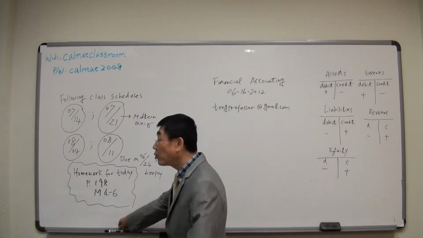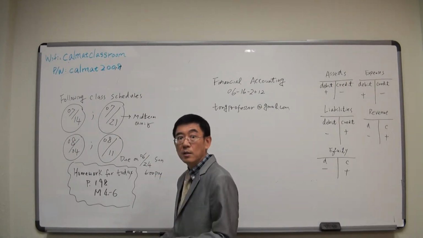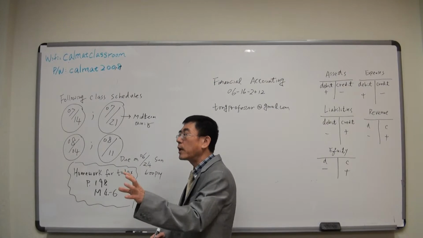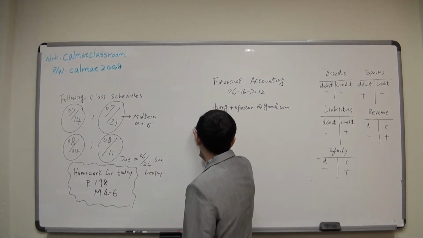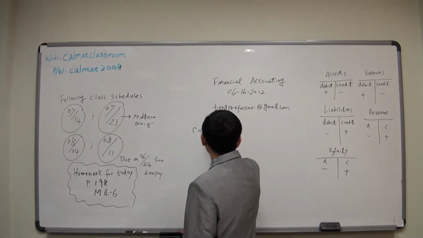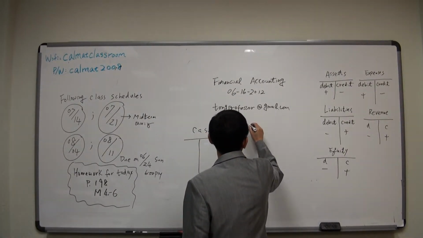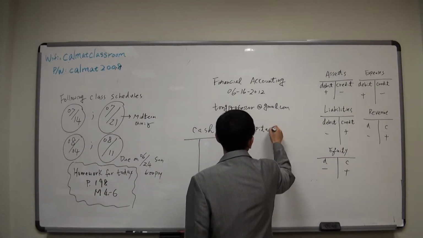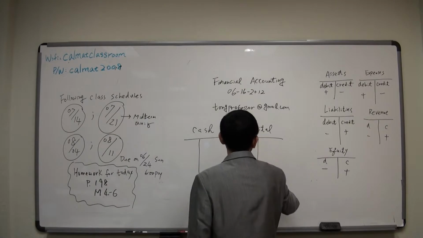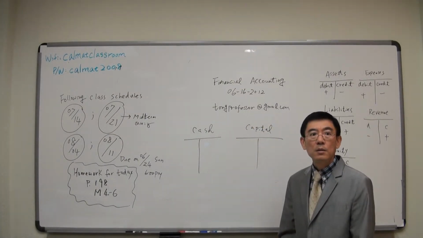Right. So let's start. We're going to repeat this kind of example practice over and over again, making sure you can handle it. So for this transaction, we have cash, we have capital. In the future, I will not mention debit credit again, okay?